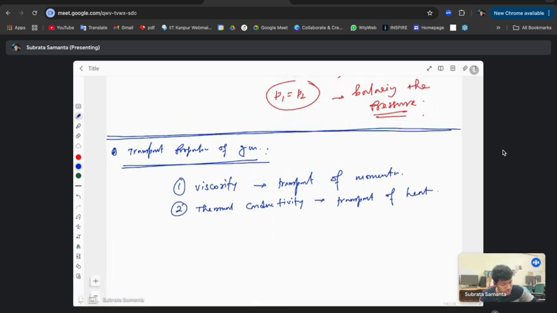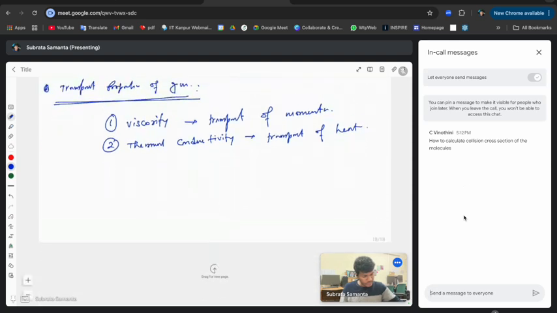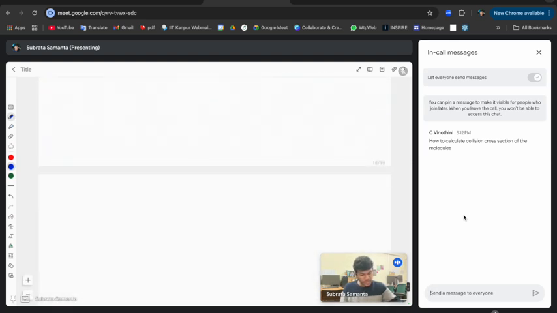Okay, there is a question: how to calculate the collision cross sections of the molecules. Yes, so let's discuss this thing. I'll come back to this point.